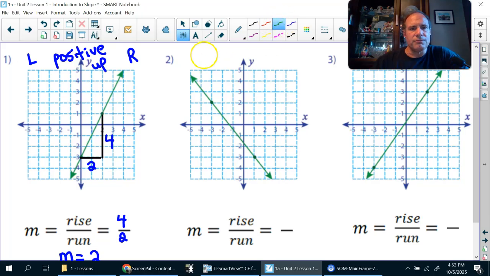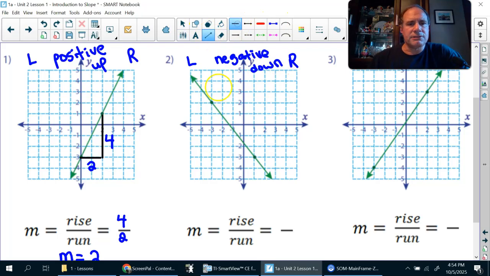We're going to do this second one. We have L and R. This goes down. This is a negative slope, because it goes down from left to right. So let's go ahead and connect those points. I'm going to go down and stop right there and then go over to the right.